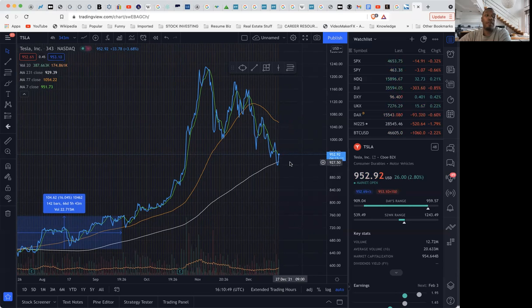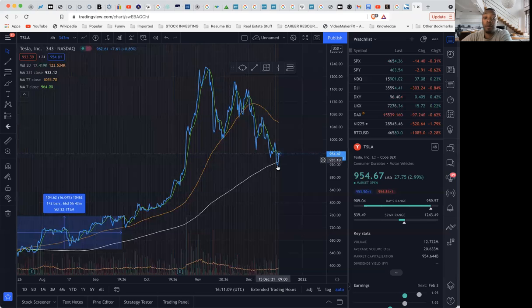So the main idea is the green line is your most recent moving average. That's the 7-day. Whenever the green line is above the gold and the white line, that's a very positive sign for the stock, and that normally means it's going to start going up. Whenever it drops below the gold line, take notice and be mindful.